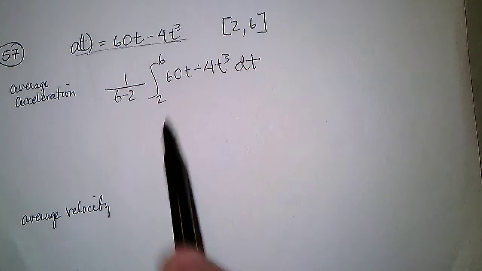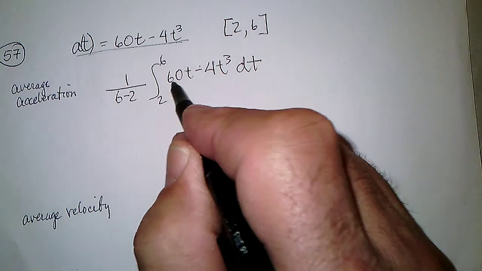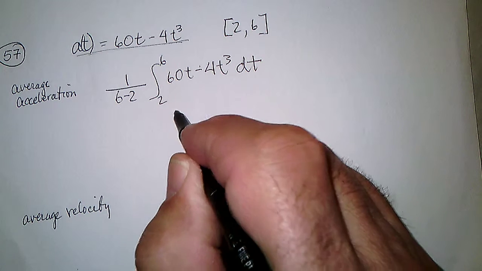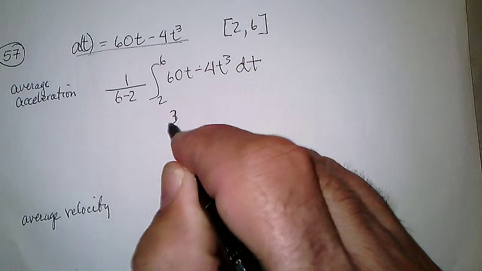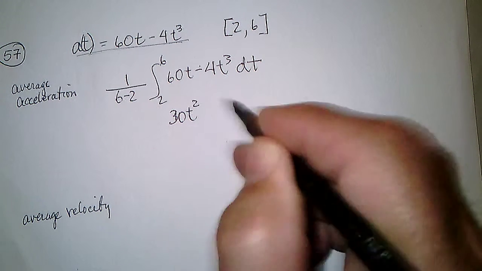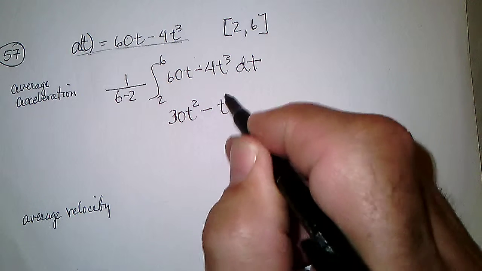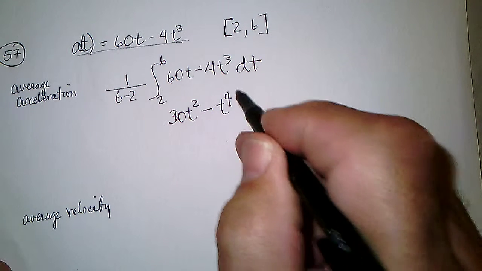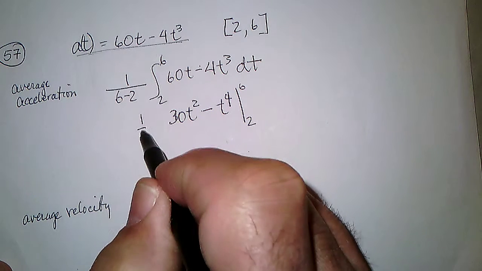So we've got 1/4 of this integral. And this is a pretty easy integral to do. So we would get 30t squared, since the integral of 60t is 30t squared, and the 4t cubed would go to t to the 4th, minus t to the 4th, evaluated from 2 to 6, and times 1/4.